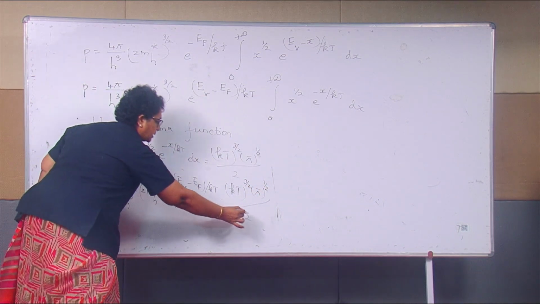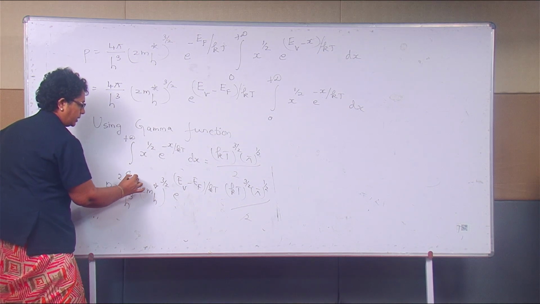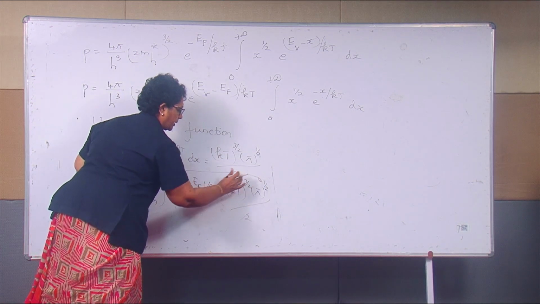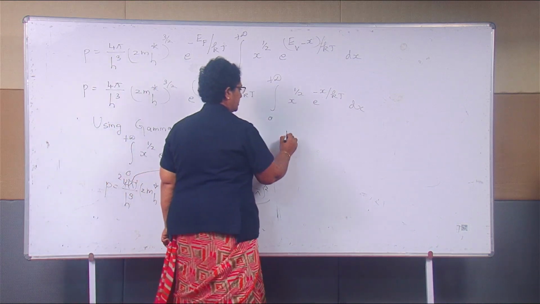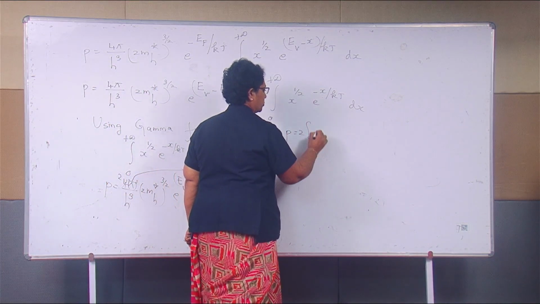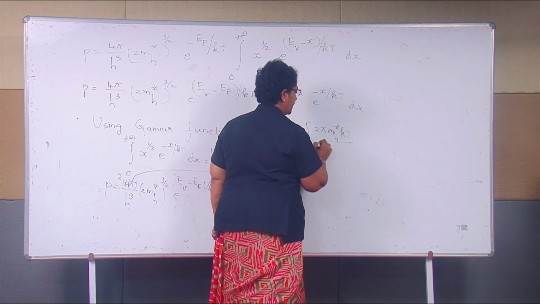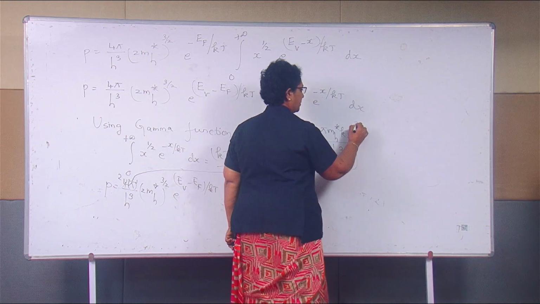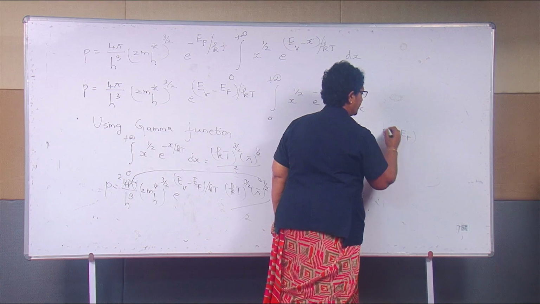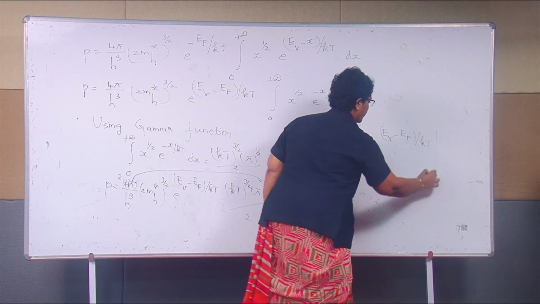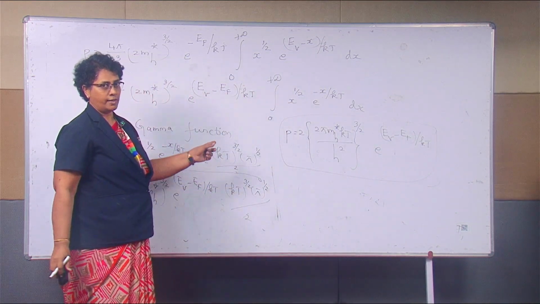By simplifying this, the 2 and 4 go off, and this pi to the power of 1 can be clubbed with this pi to the power of half. Similarly, you can take all the terms which come under 3 by 2. So (2 pi mh star kT by h square) to the power 3 by 2 e to the power of (EV minus EF) by kT. This is the entire expression for the number of holes in the valence band.